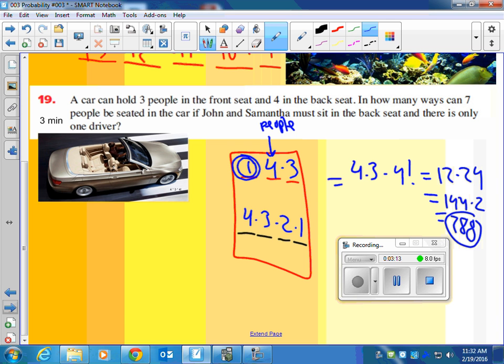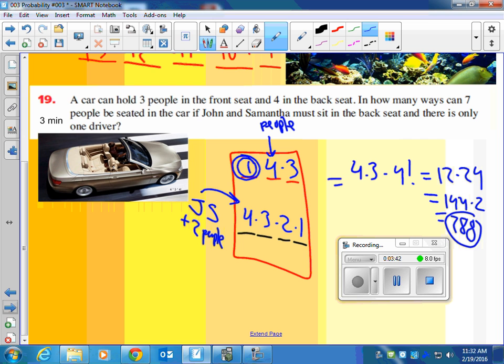And then there'll be only 3 people that could sit in the front. Okay, so now other than John and Samantha, there's only 2 people left. But when you take the back seat, there's a total of John, Samantha, plus 2 people that can sit in the back. So that's 4 people, and they can sit anywhere they want. 4, 3, 2, 1. So that's why I've got this 12 times 4 factorial.